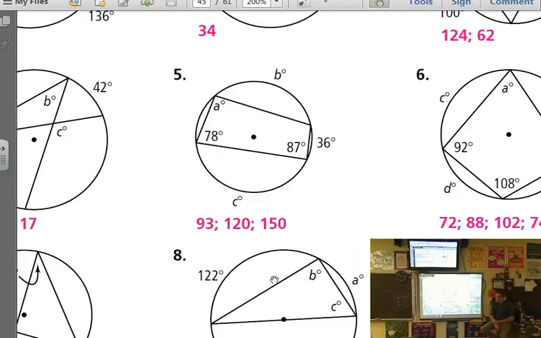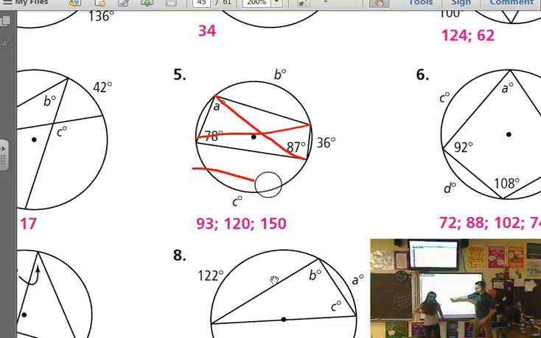Michelle? Are you coming up? Sweet. Makes my job easier. So you can draw lines here, and then part of this angle is going to make B, and the other part intercepts arc C. I see what you're saying, but let's label so that everyone can see.